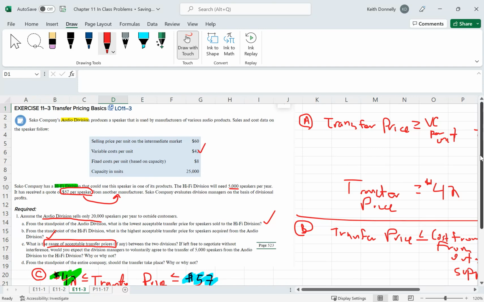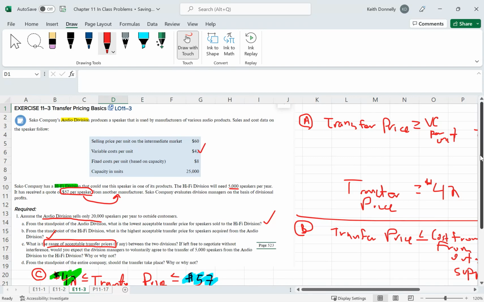What we have to do internally is figure out what price makes sense. We want to avoid this thing called sub-optimization, the idea that managers may look out for the best interests of their particular division. They don't want to sell it for less than X or more than Y, and the people buying it don't want to pay more than Z, whatever the case is.